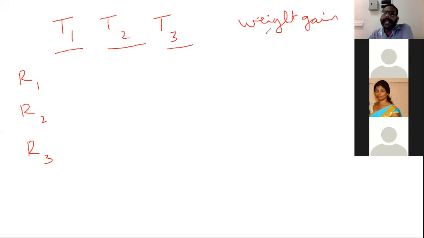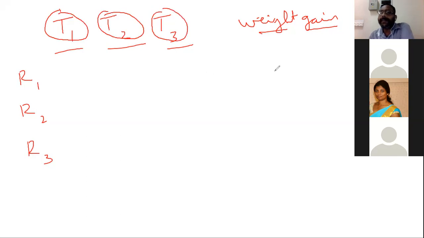What do you mean by weight gain? Anyone who is doing animal science? Now you people have to answer. What is weight gain? Let's say these are 3 rations. For animals, we are giving 3 rations. This is ration 1, right? T1 means ration 1. T2 means second type of ration. T3 means third type of ration.